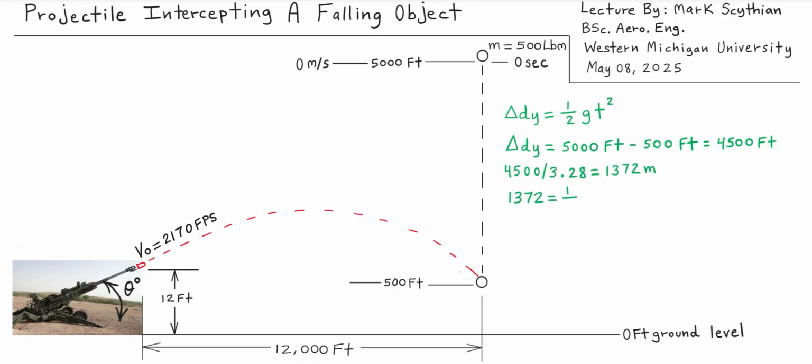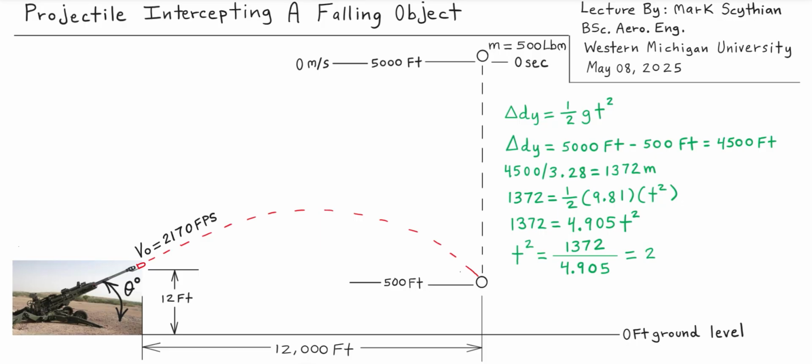This also includes calculating the free fall time from 5,000 feet altitude to 500 feet altitude. So we can use the delta d sub y, the change in vertical distance, which is equal to 1/2 gt squared.